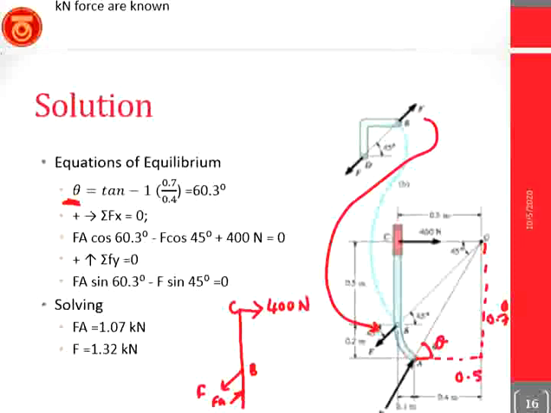Sorry, this one is 0.5 minus 0.1, because we have 0.1 here, so 0.5 is until C. If until A it is only 0.4, then theta is 60.3 degrees, and the component of Fx.